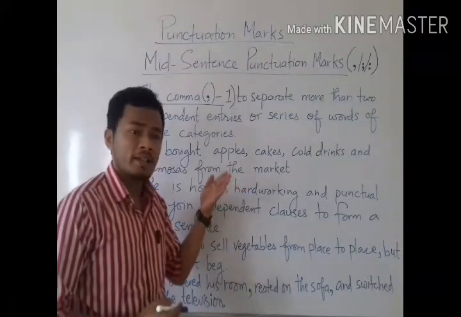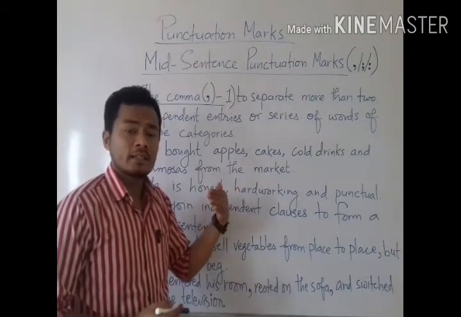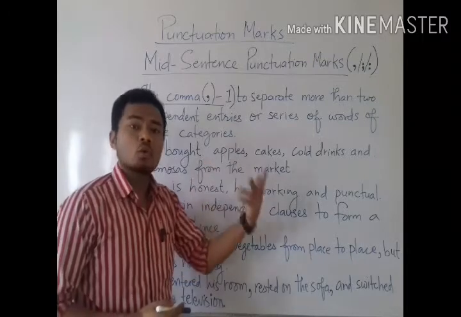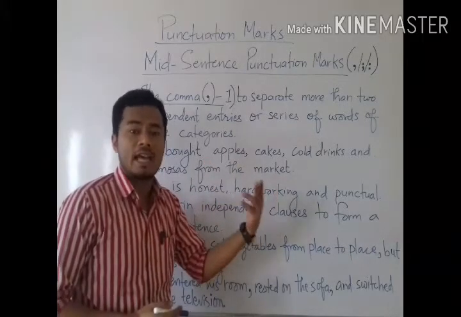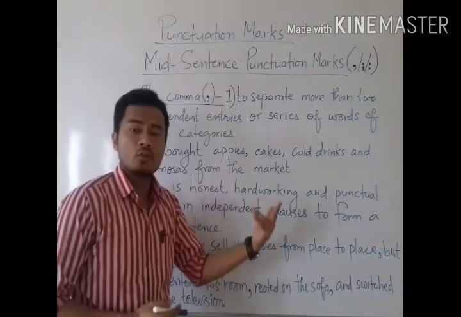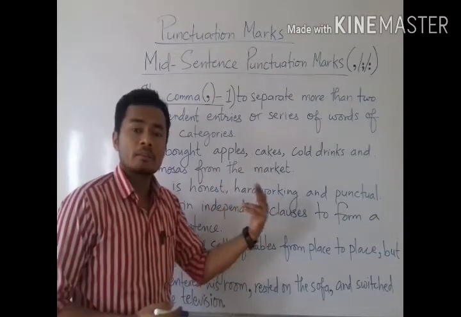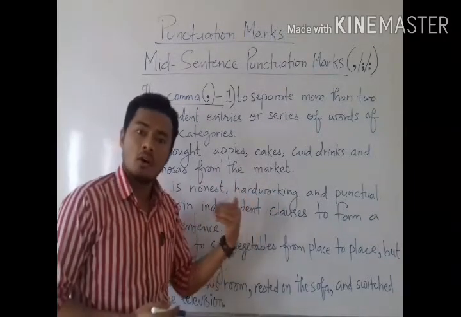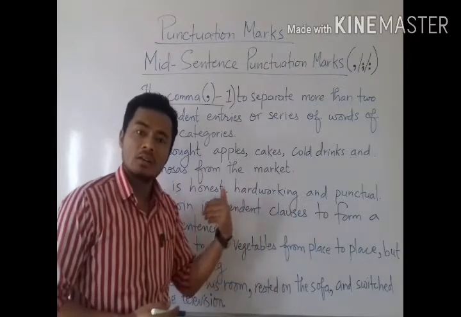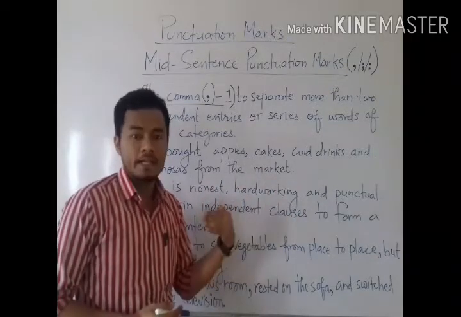So see, comma is used until the two words are left at the end, because the last two words are joined by the conjunction and before we end them.